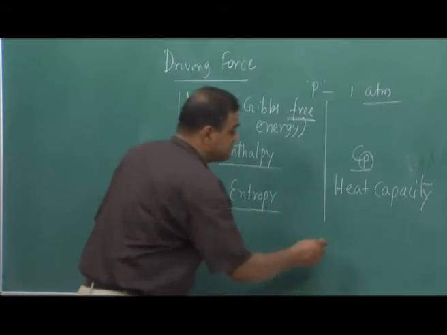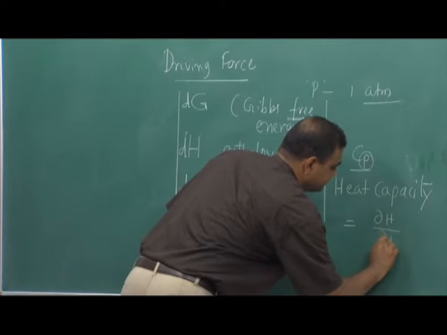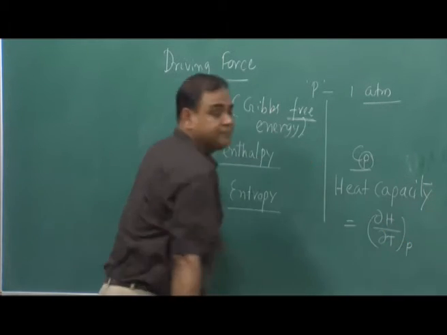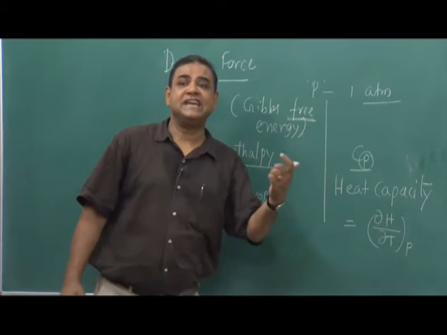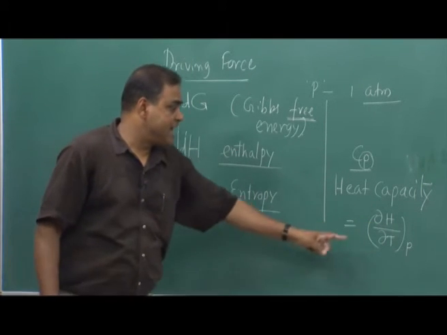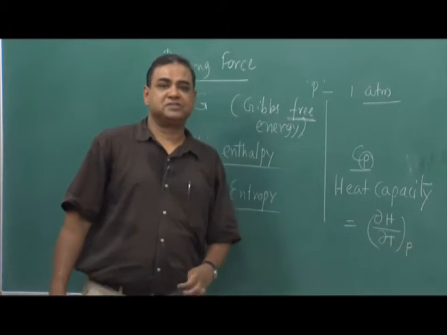So, heat capacity, definition wise, is nothing but dH/dT at constant pressure, which is the change in enthalpy, or the heat amount of it, with temperature at constant pressure.